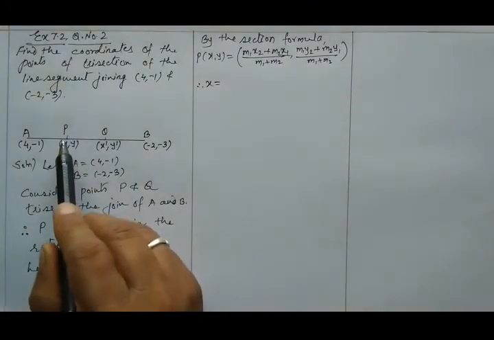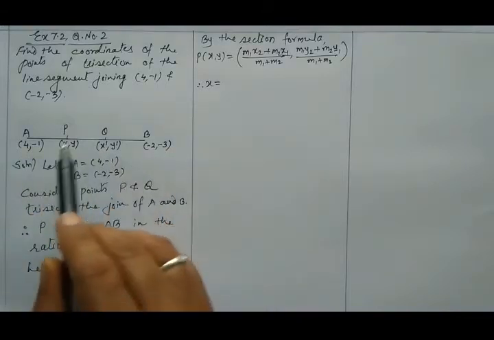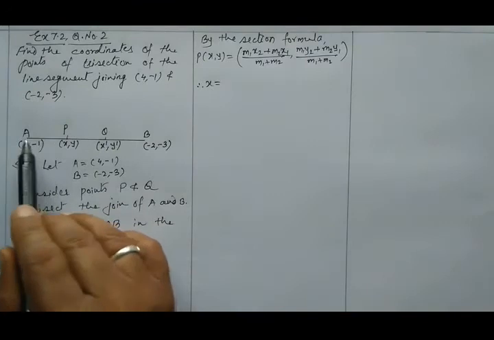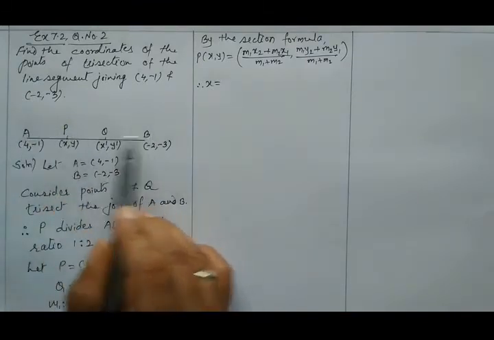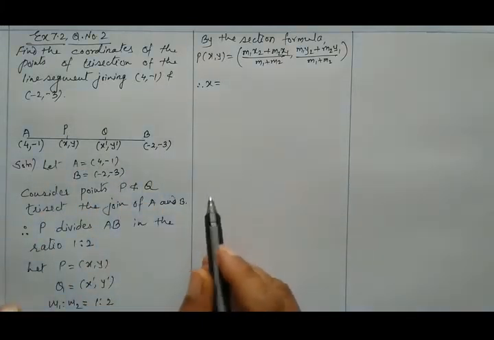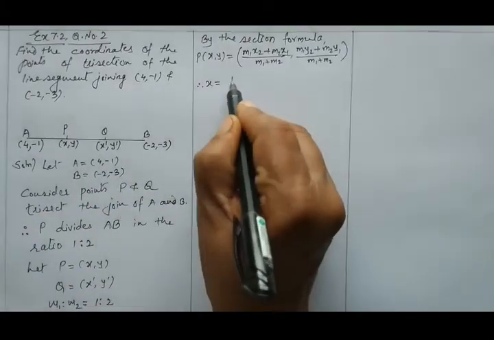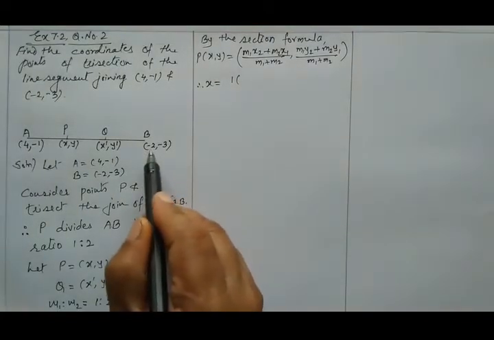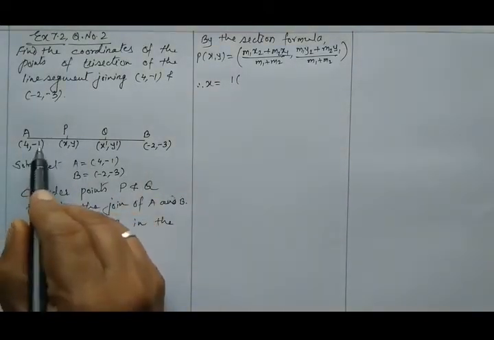with respect to point P, and P is dividing AB in the ratio 1:2 because P and Q are trisecting AB, so this part will be one part and this will be 1 1 1, so 1 and 1 plus 1 is 2, so 1:2. So m1 is 1 into x2. Okay, so this is x2 y2 and this is x1 y1.